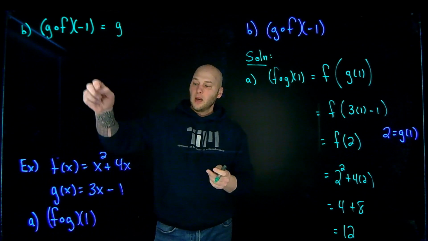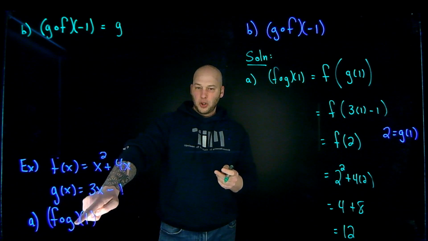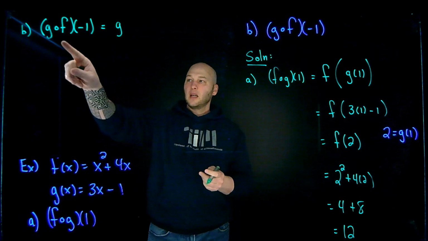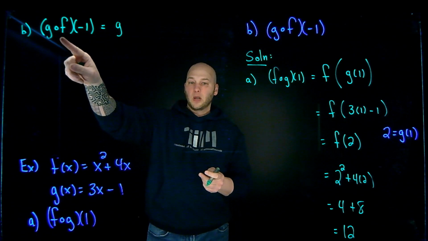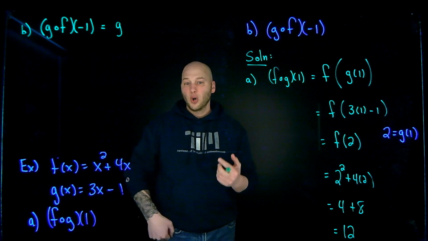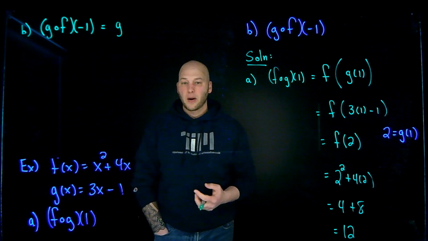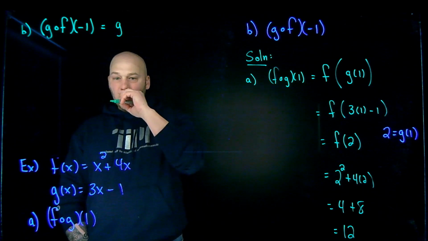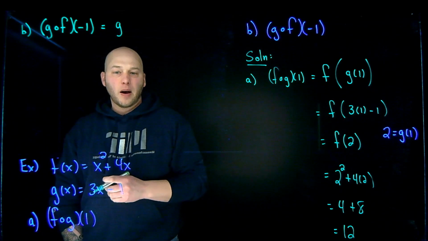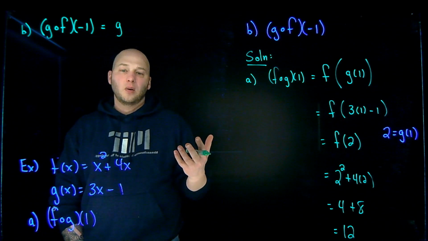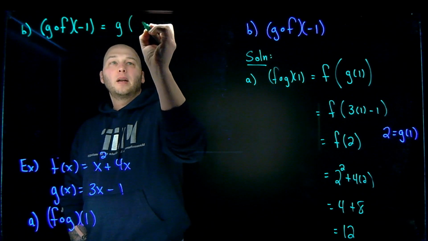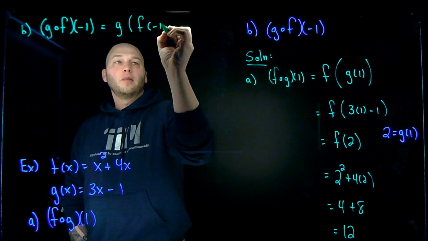In other words, in part A, we use the function g first, and then I use the function f, so I go from right to left. Here I am using the function f first because it's on the right, and then I'm going to move to the function on the left. So for composition, order does matter. Okay, and I haven't illustrated it yet, but composition is a non-commutative operation that just simply is a fancy way of saying order matters.